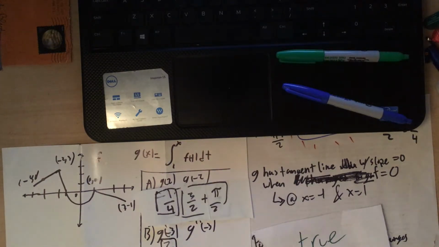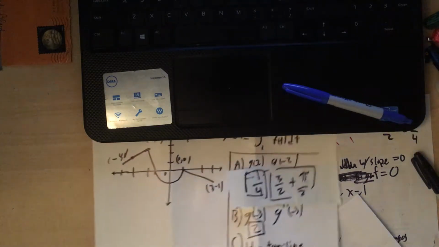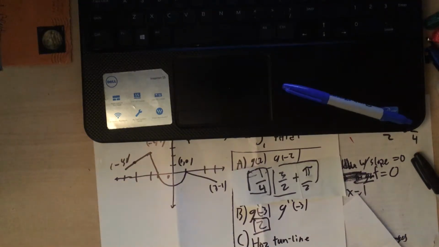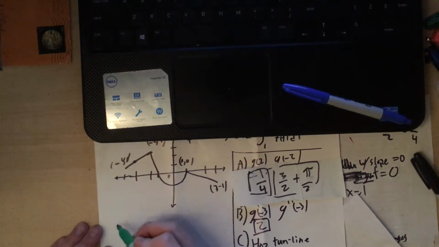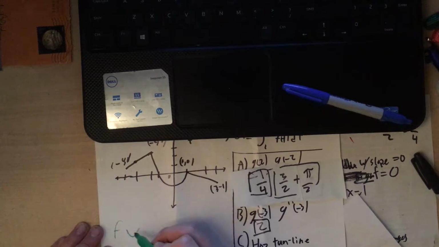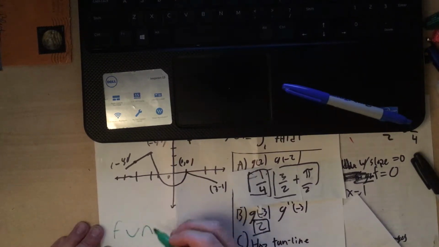Now, with g double prime of negative 3, it won't exist, and I'll tell you why by doing a quick fun chart. So we've got f, f prime, f double prime.